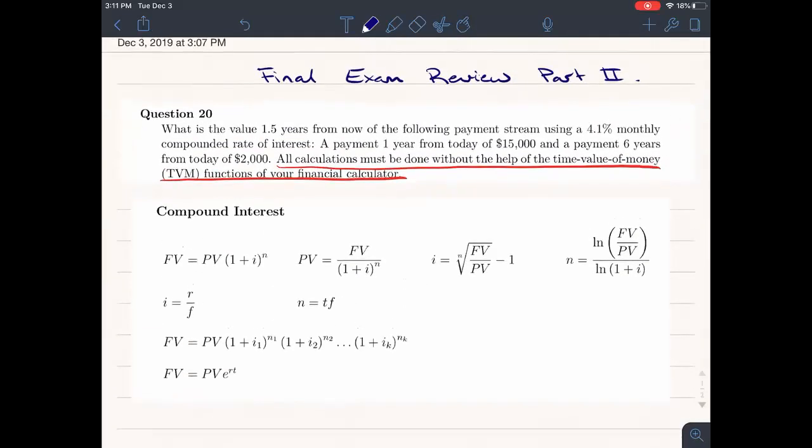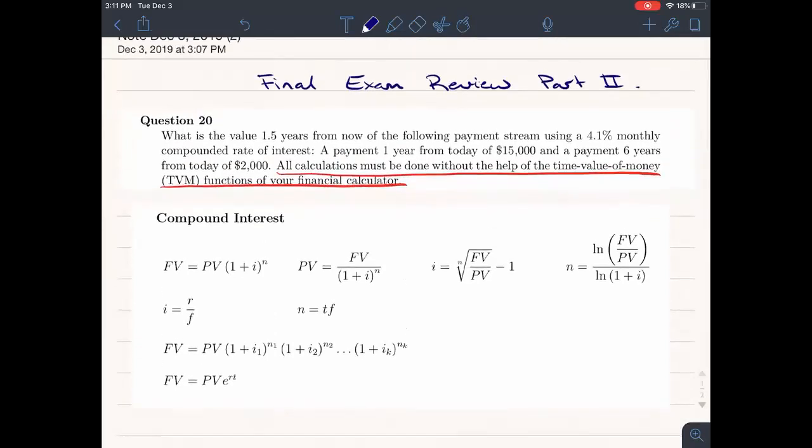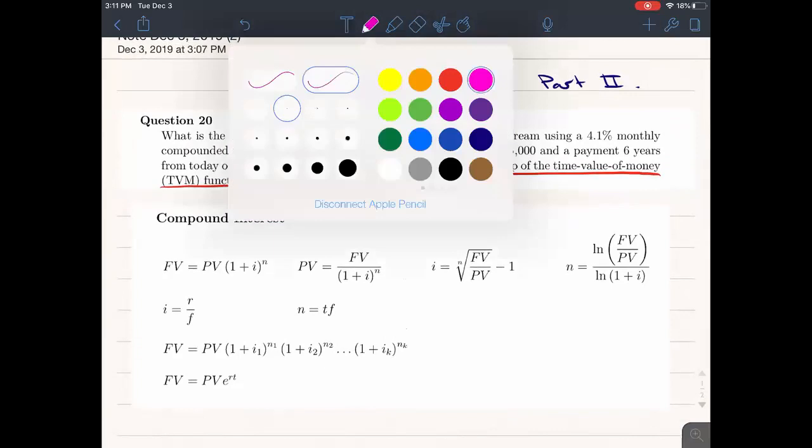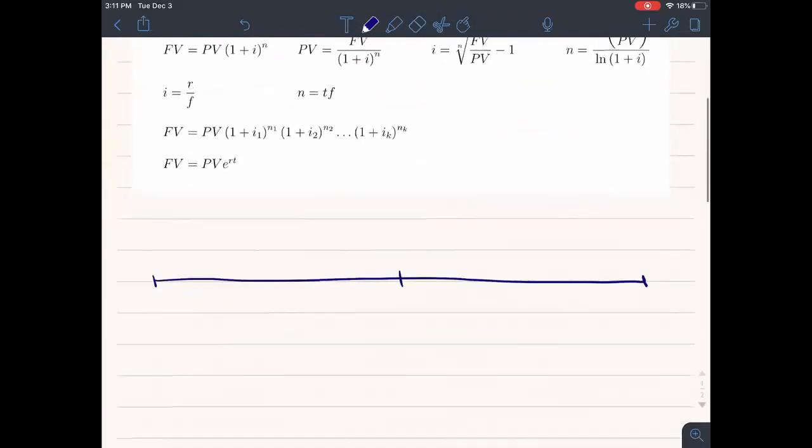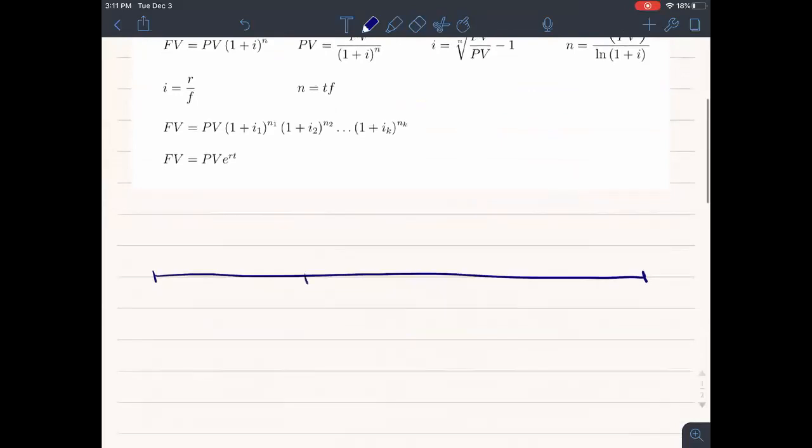Oh, good thing I've got my Martha Stewart solutions here. What is the value 1.5 years from today? I guess we would have figured out to look for it, but we need to have that on our timeline as well. So we have 4 ticks. It was too good to be true.